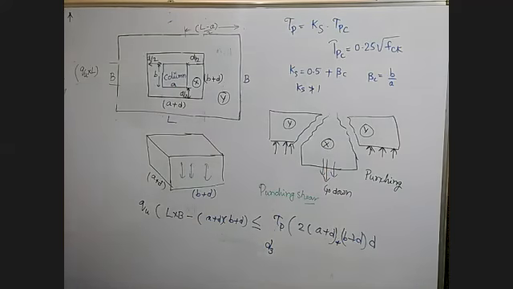From one-way shear criteria you will get D2. From two-way shear criteria you will get D3, and the maximum depth is selected from these three values.